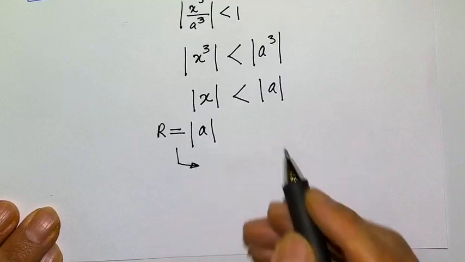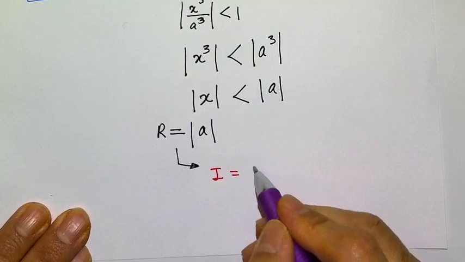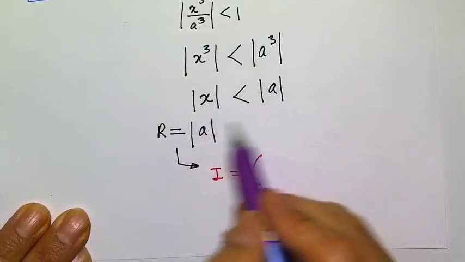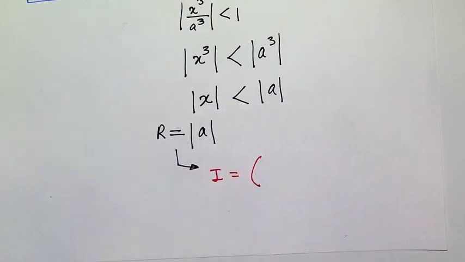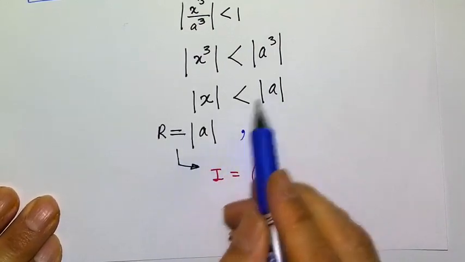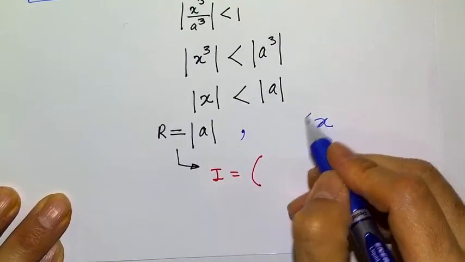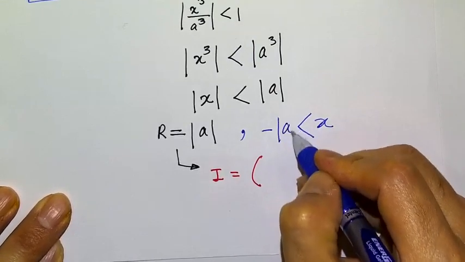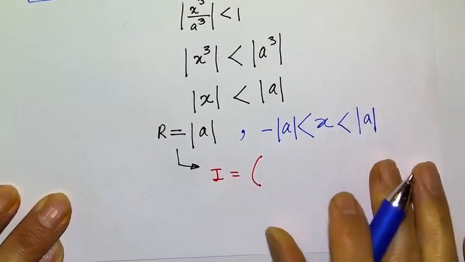And from here, we know that the interval of convergence is equal to, minus a, well, from here actually. From here, we know that x varies between, as a matter of fact, let me add that here. So we know that the radius of convergence is that, and also that x varies between minus the absolute value of a and positive the absolute value of a.